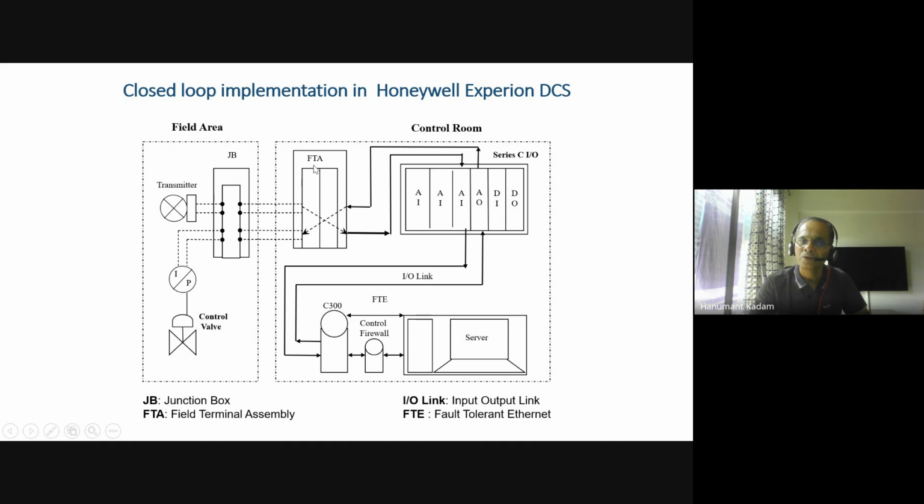Here it is the ELCO board, IO link name will be node IOs, node bus like that, and the controller name, as I told, FCU. There is no control firewall in their system. For the server they use a different name, HIS, like human interface.